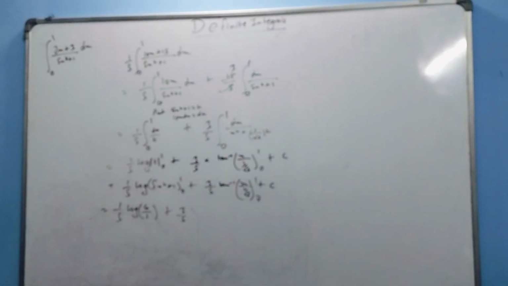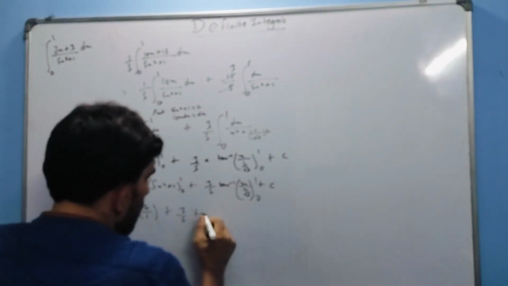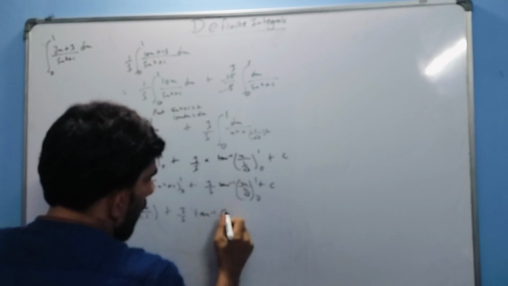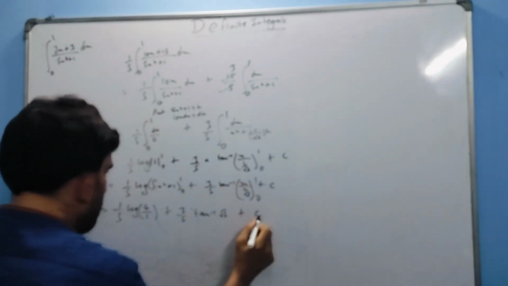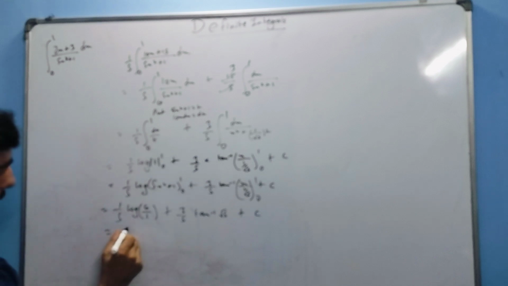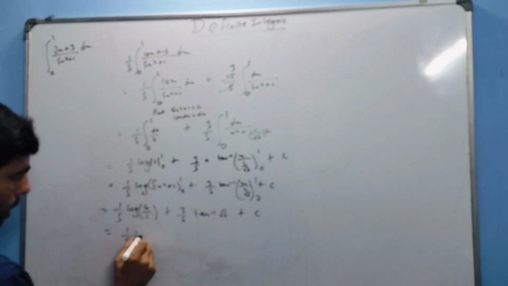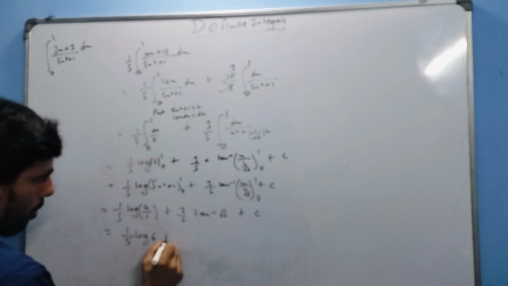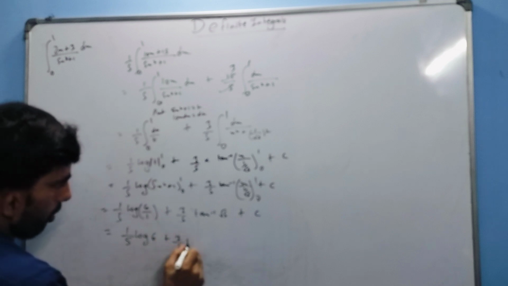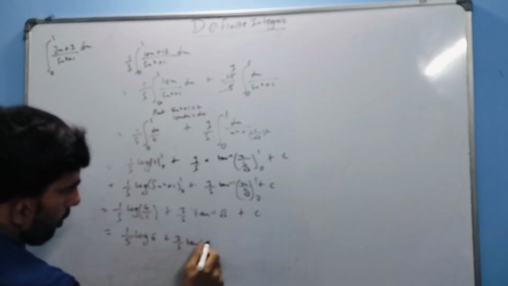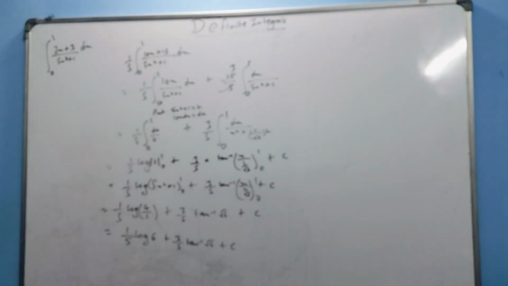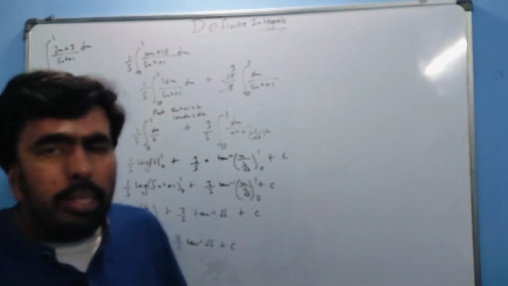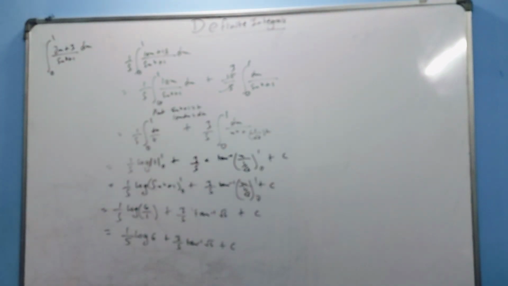If I put the value 1, I will have tan inverse root 5, and if I put 0, it will be 0. So my final answer will be 1 upon 5 log 6 plus 3 upon 5 tan inverse root 5, plus c. So that is how we are able to evaluate the definite integral.